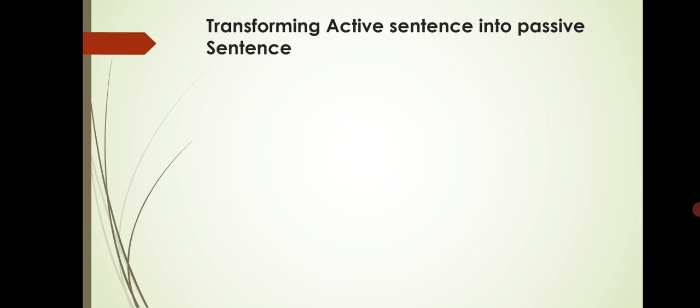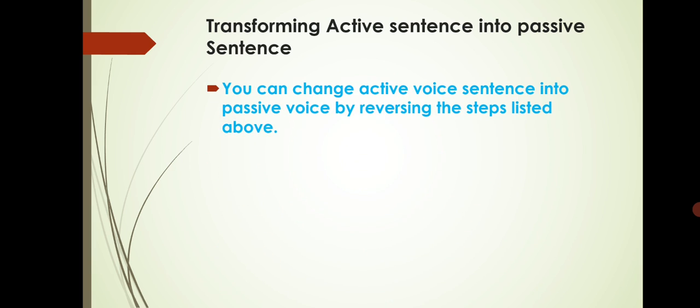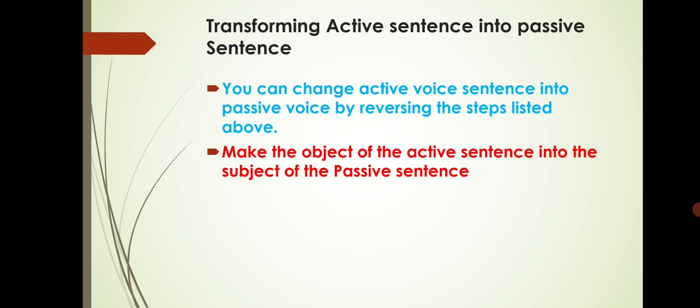Transforming an active sentence into a passive sentence. You can change an active sentence into passive voice by reversing the steps listed above. Whatever steps you have learned for the passive sentence, you can reverse while changing active to passive. Make the object of the active sentence the subject of the passive sentence.